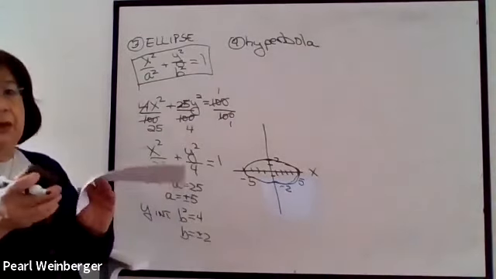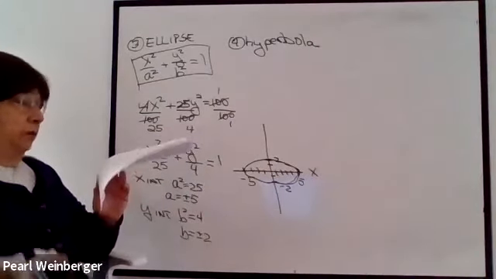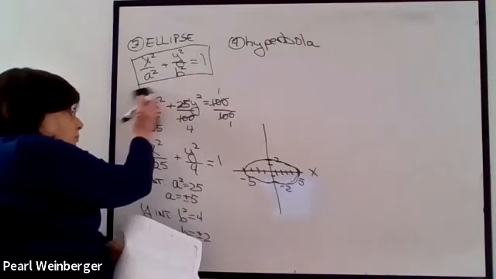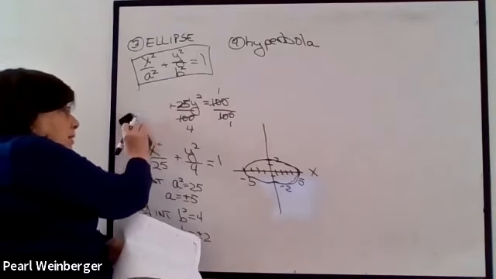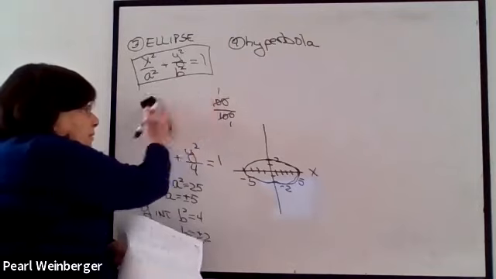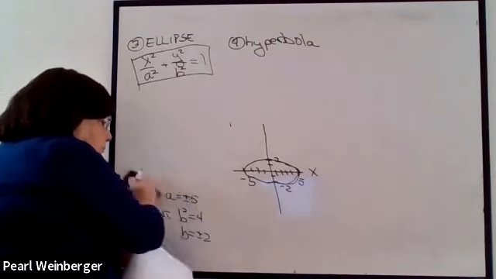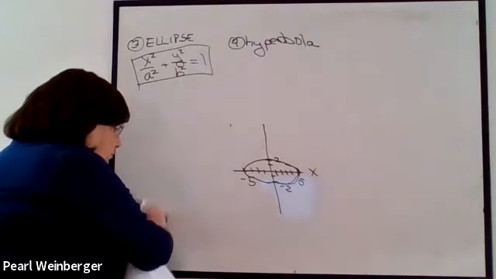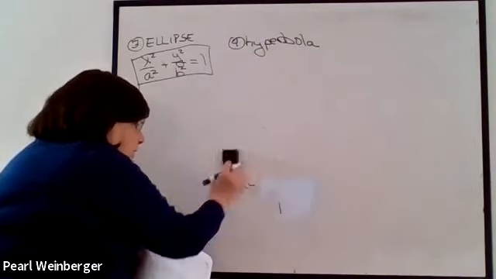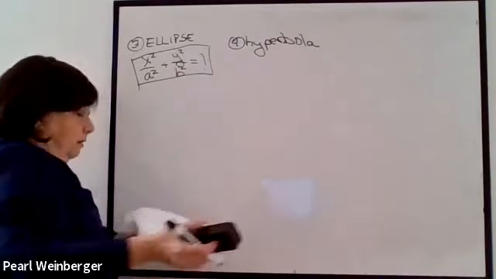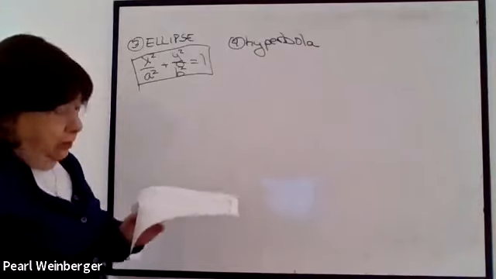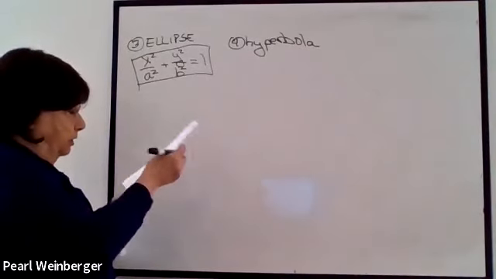Now, this one is going to require you to think a little bit, because I'm giving you the question backwards. I'm going to tell you what the parabola looks like, and the ellipse looks like.